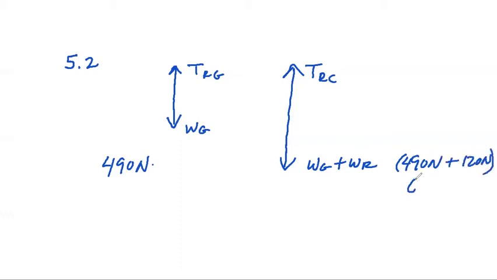So we've got 610 newtons for the weight of the gymnast and the weight of the rope. And so that is exerting a force of 610 newtons on the ceiling. The ceiling is exerting an equal and opposite force of 610 newtons back on the rope. All right, that was 5.2.